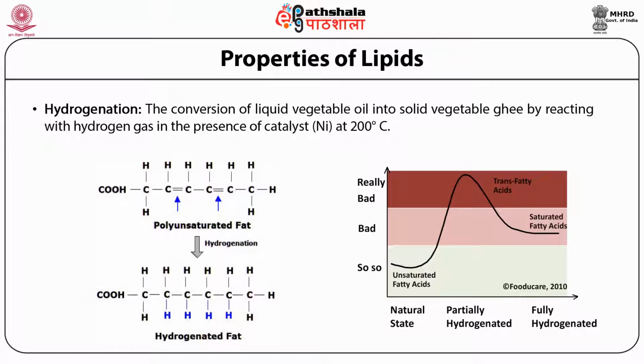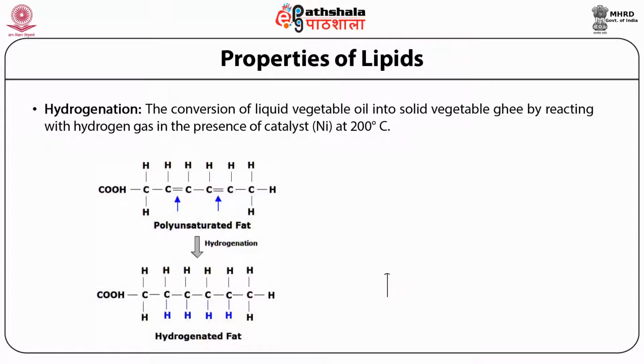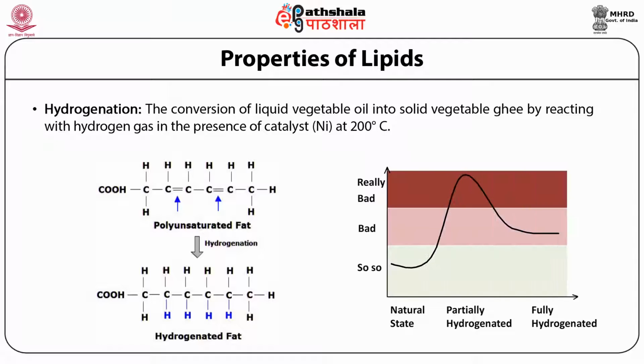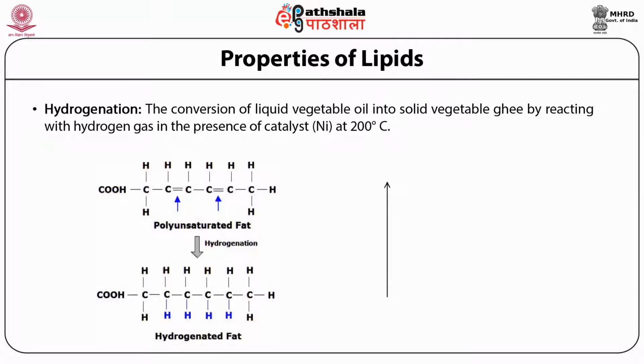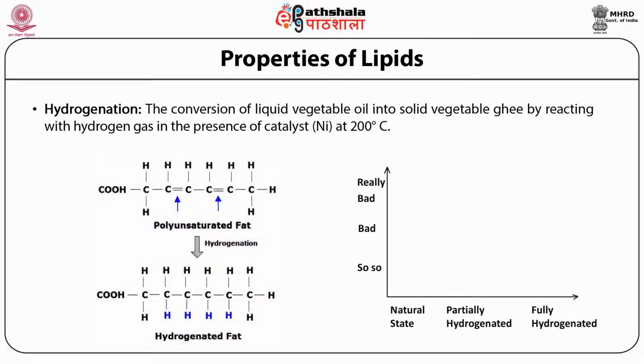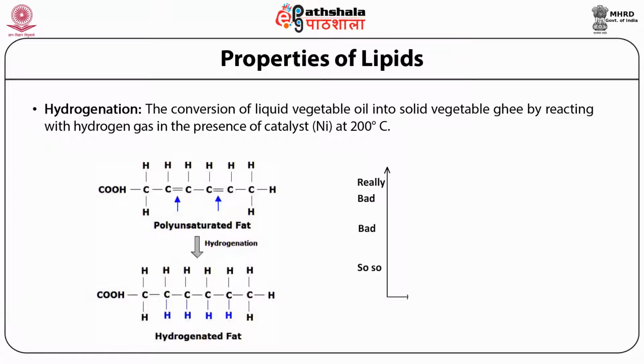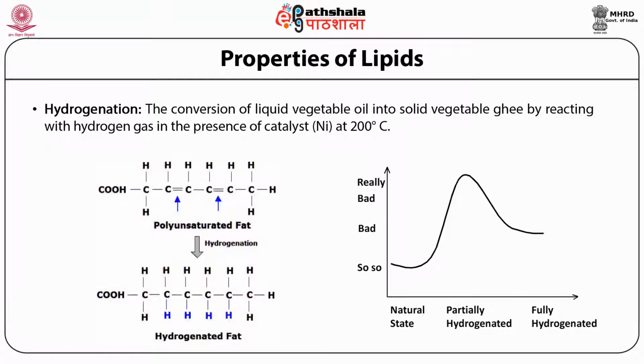The pictorial representation shows that polyunsaturated fats undergo hydrogenation, as a result of which there is a cleavage of double bonds and it forms hydrogenated fats.